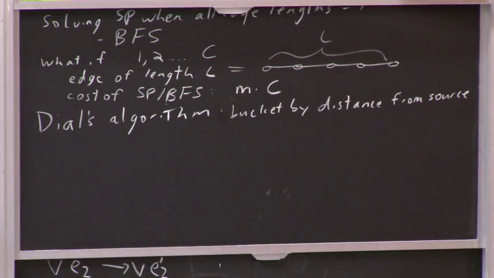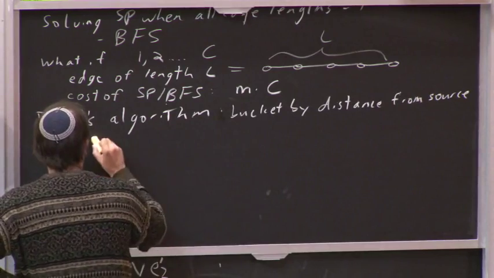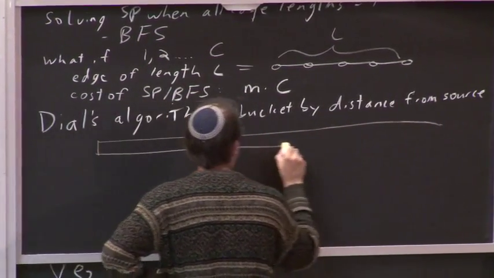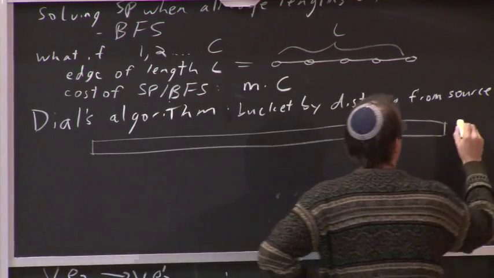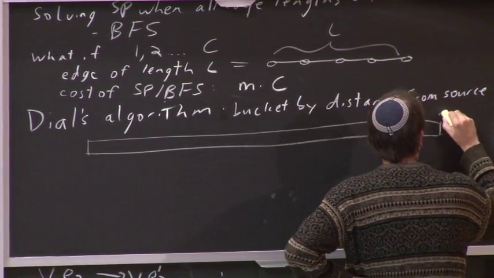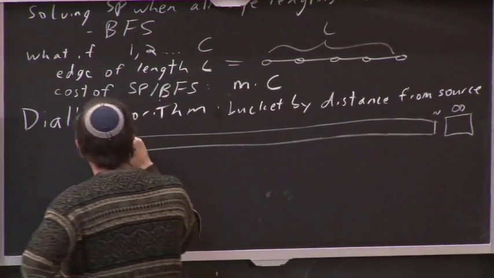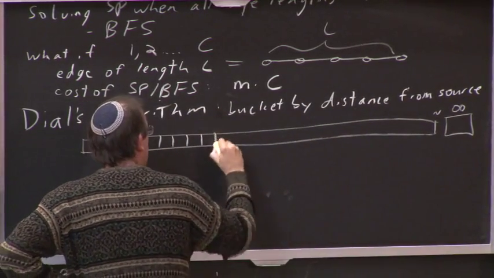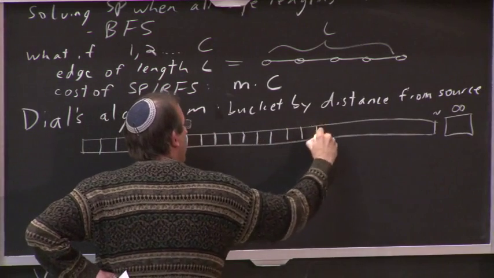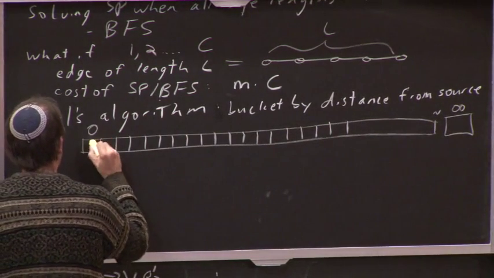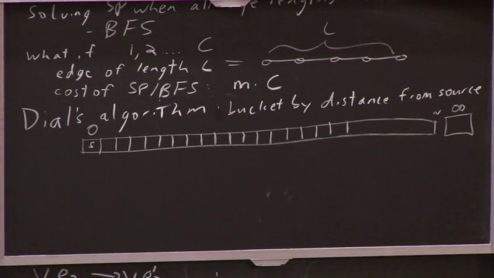So Dial's algorithm just creates this nice big array, and probably an extra thing at the end called infinity. And we're going to keep track for each vertex of how far away it is, according to our current measurements, from the source. So initially, we've got the source itself at position 0.